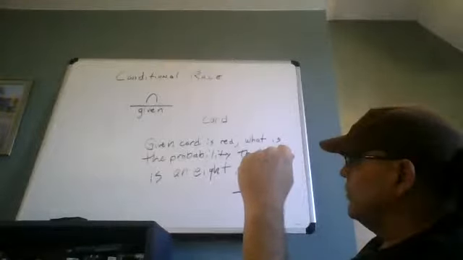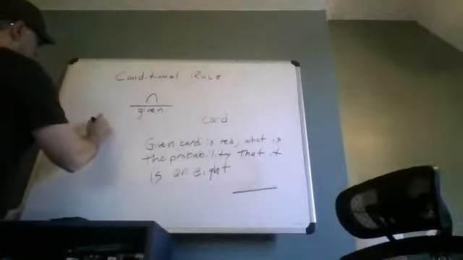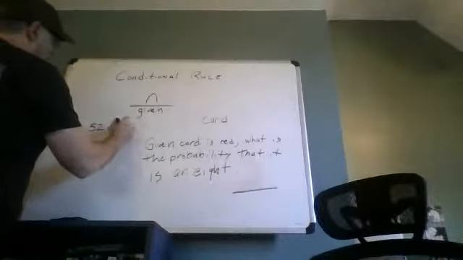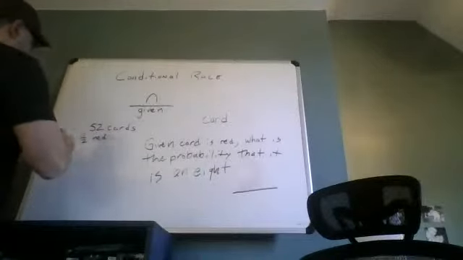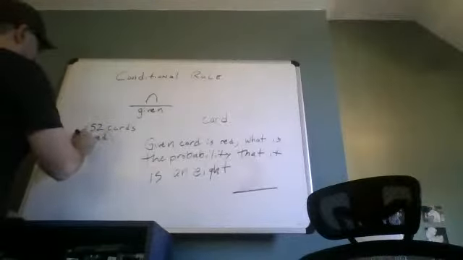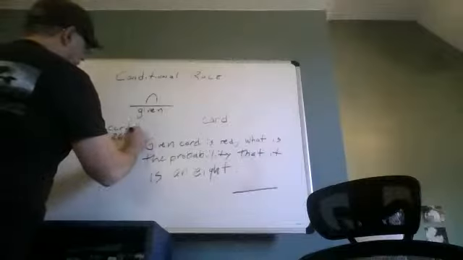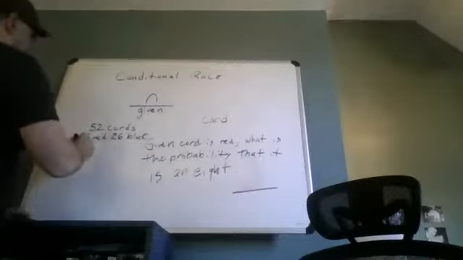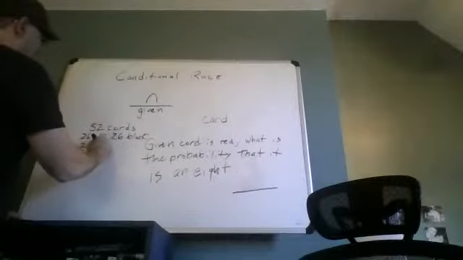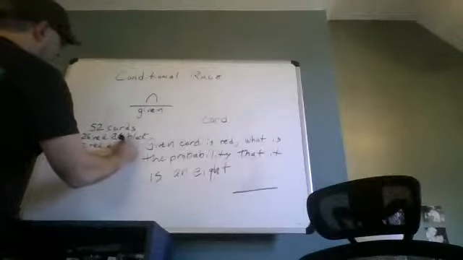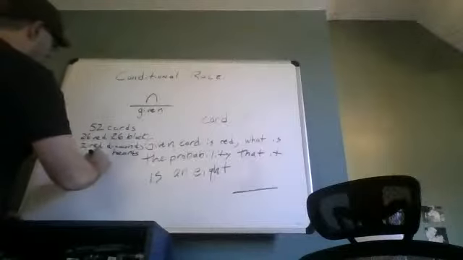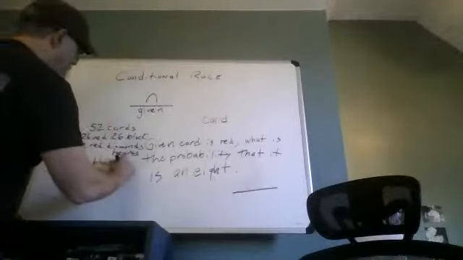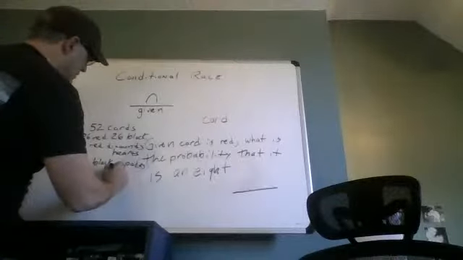Well, first of all, why don't we just quickly write down over here that there are 52 cards, and rather than say half are red, let's say the amount. 26 are red, 26 are black, and there are 2 red suits, which are diamonds and hearts, and 2 black suits, which are spades and clubs.